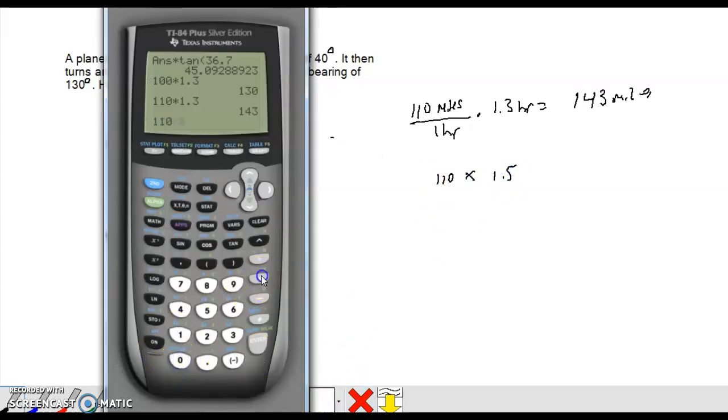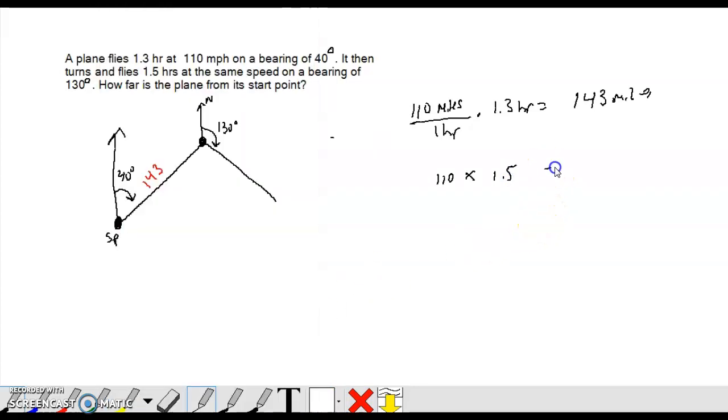So 110 by 1.5, I get 165. And we write that in red, so 165. And that's as far as I go. So I'm going to call this the end point, so EP.